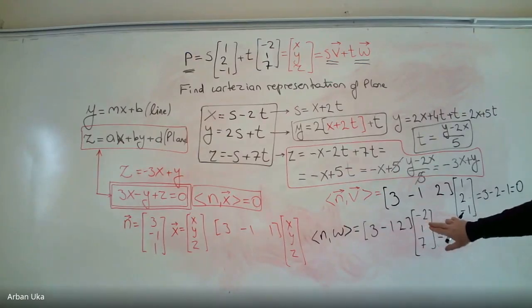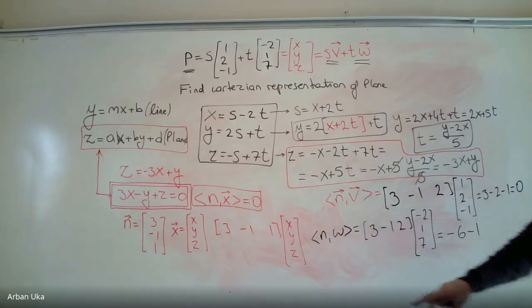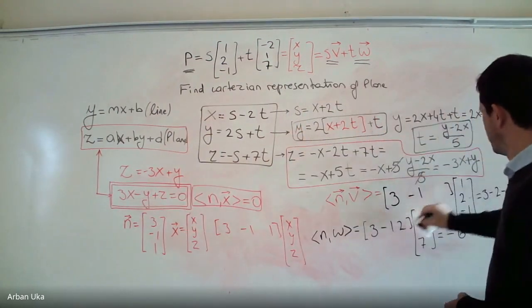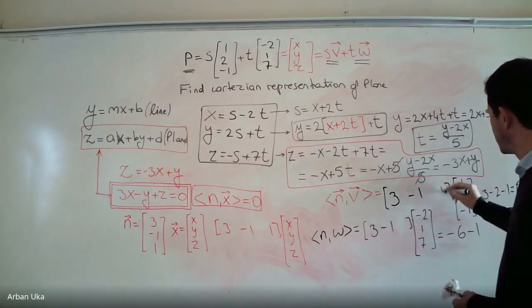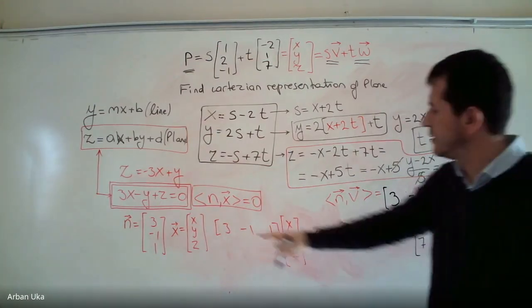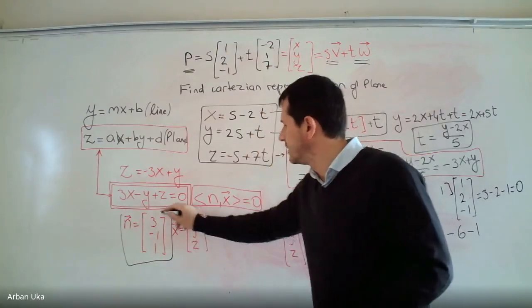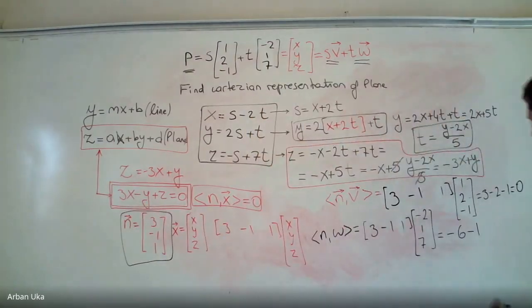Wait a second, we have a mistake here. Sorry, this is (3, -1, 1). I made a mistake. The normal vector is (3, -1, 1) because we get it from here. So this is minus 1, plus 7, sorry.